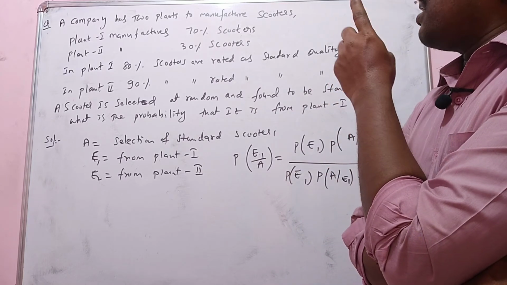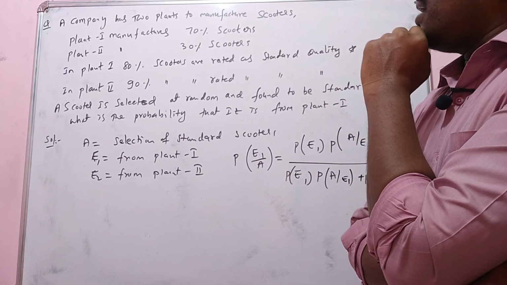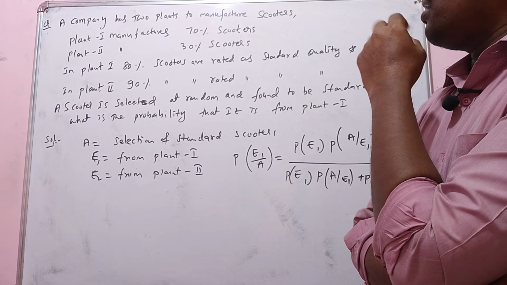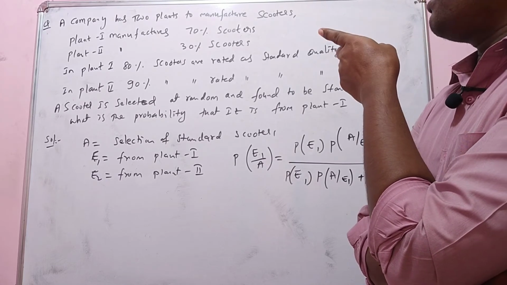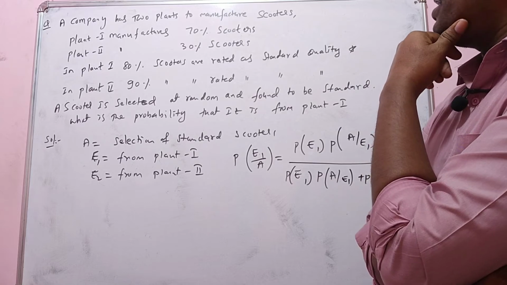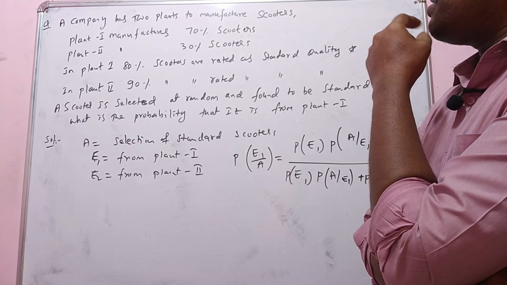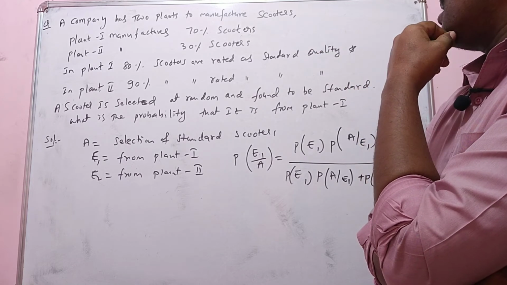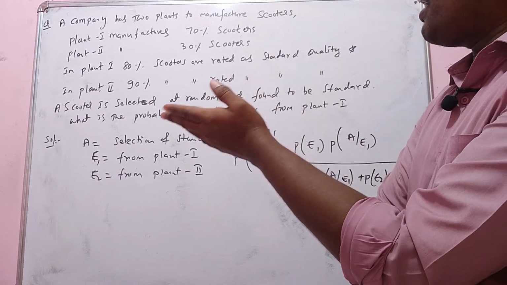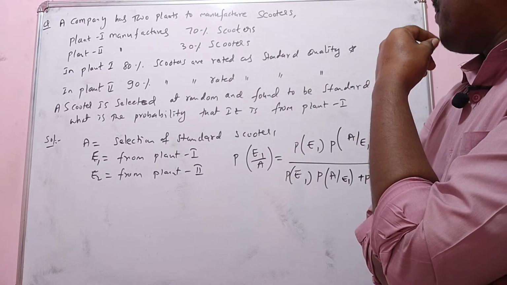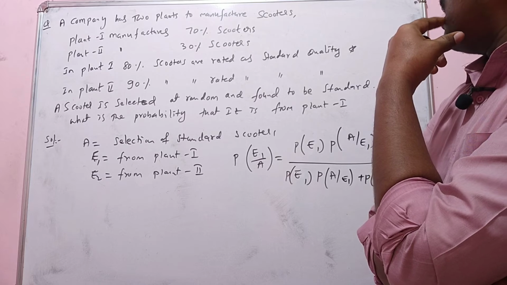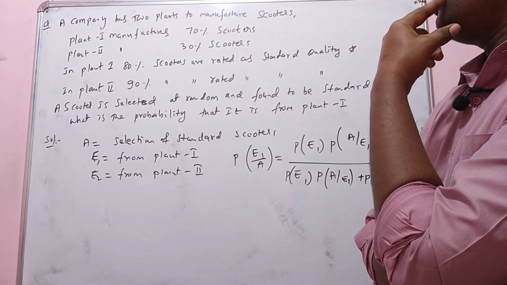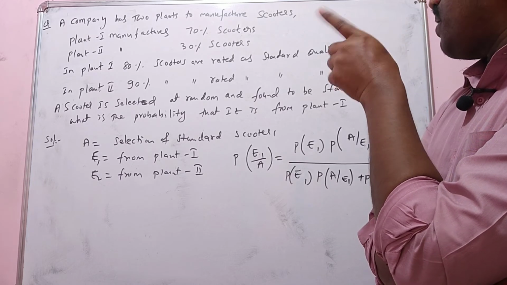Plant 1 manufactures 70% of scooters, and plant 2 manufactures 30%. In plant 1, 80% of scooters are rated as standard quality. In plant 2, 90% of scooters are rated as standard quality. A scooter is selected at random and found to be standard. What is the probability that it is from plant 1?